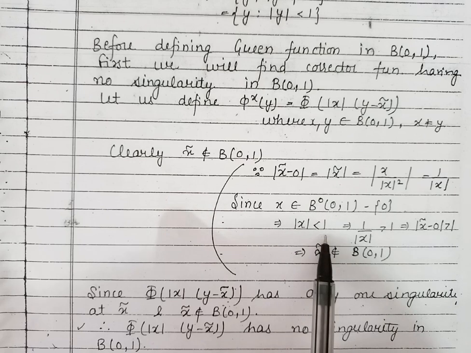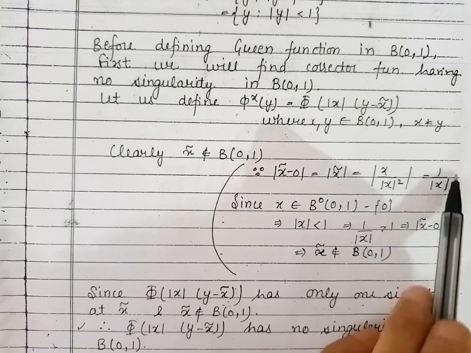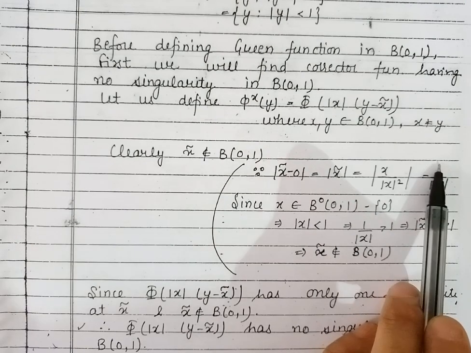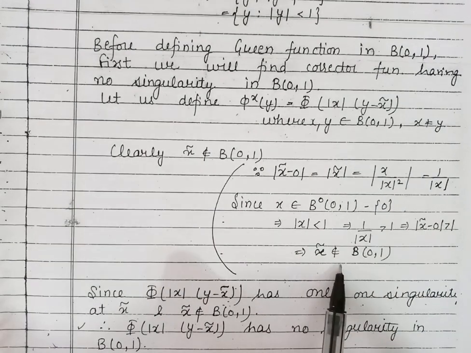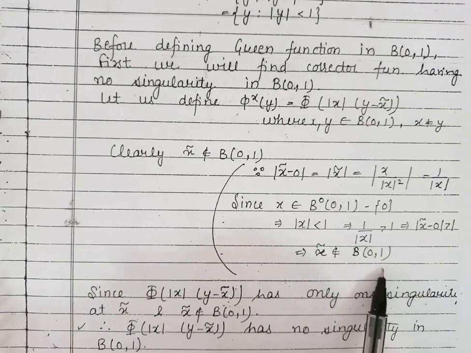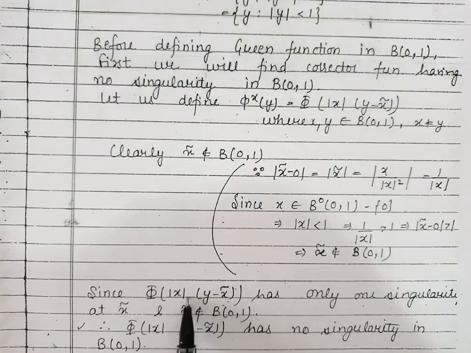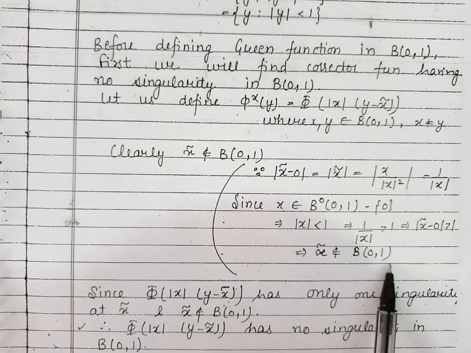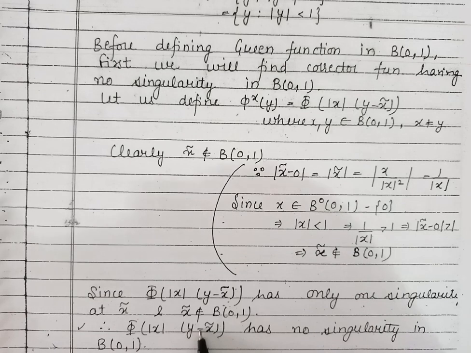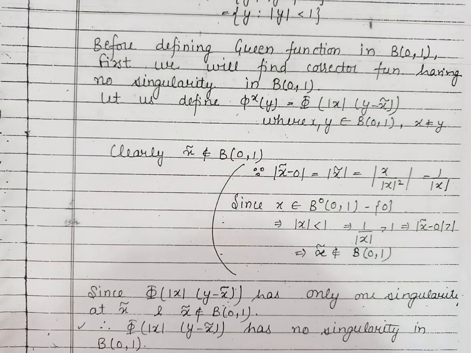So its reciprocal will be greater than 1, and therefore we can say that the point x bar does not belong to the unit ball. This function has only one singularity at x bar, and because x bar does not belong to the unit ball, the function has no singularity in the unit ball.